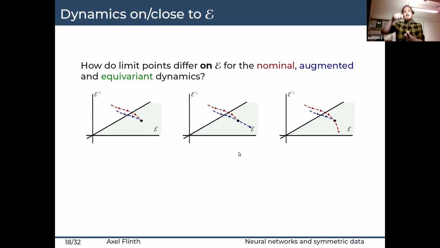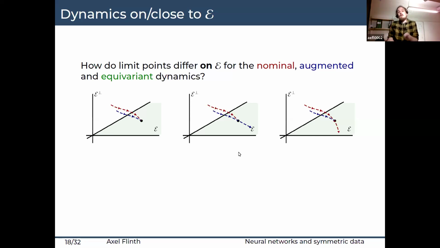There may be points that we find with my nominal flow, so critical points for the nominal training dynamics, that turn non-stationary when I turn on the augmentation. And there could also be points the other way around: things that are not stationary for my nominal architecture, but turn stationary when I turn on the augmentation.